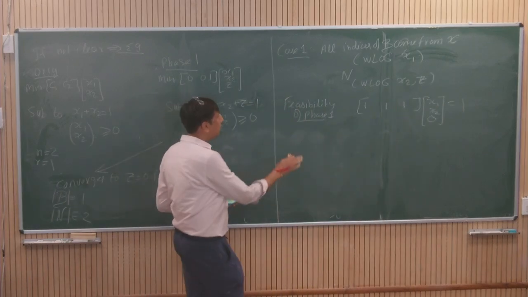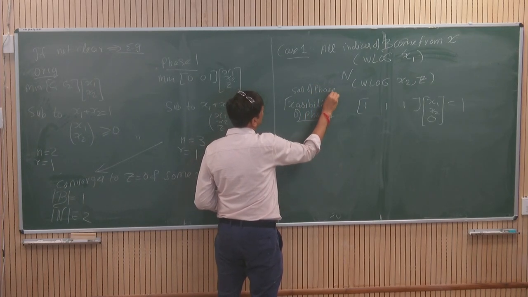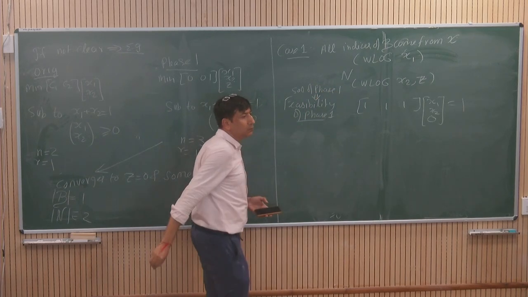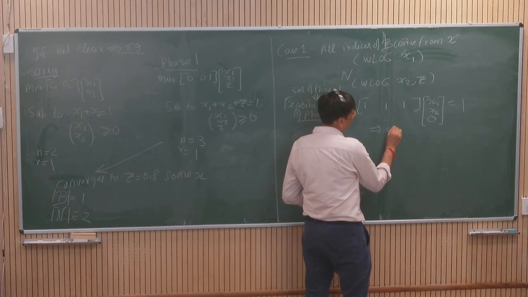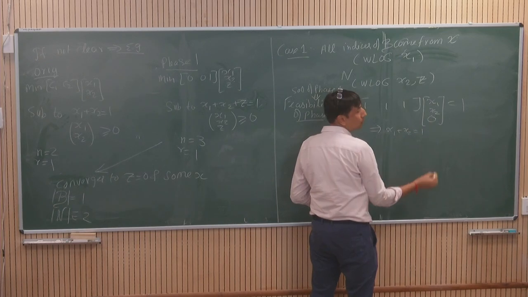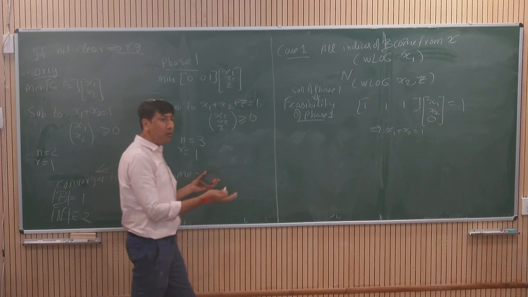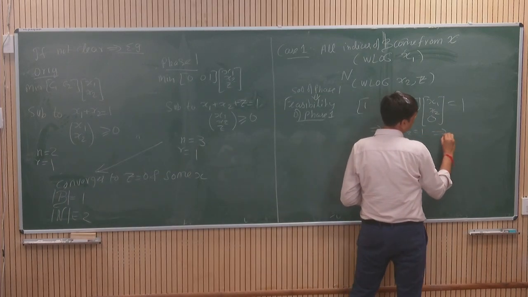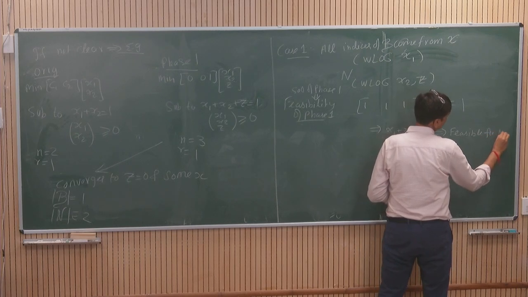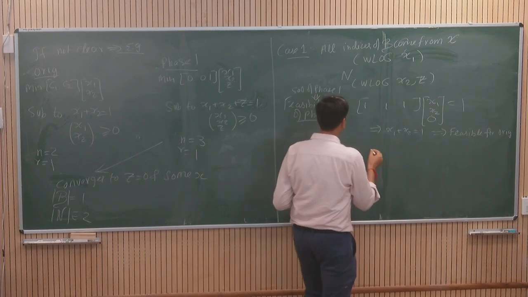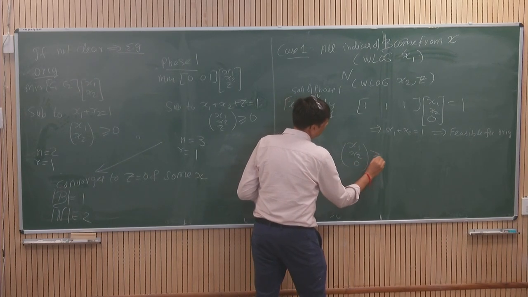It's feasible. The solution of phase 1 is actually feasible for phase 1 as well. Correct? What do we get? x1 plus x2 is equal to 1. What does this mean? It's feasible for the original problem. What was the second thing? x1, x2 and z are greater than or equal to 0.